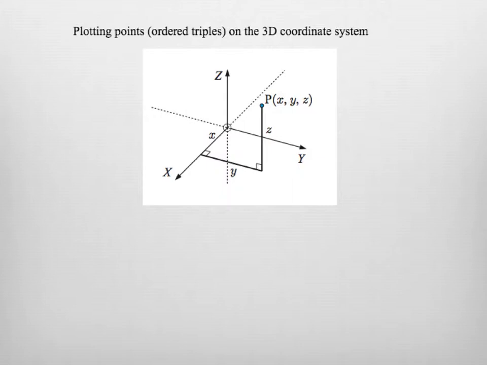And you can see here that you're starting at the origin, and we're going in this direction first in the x direction, so we're going a positive x distance, then we go a positive y distance in the direction of the y-axis, and then we go up in the direction of the z-axis, z number of units to get to our point P.